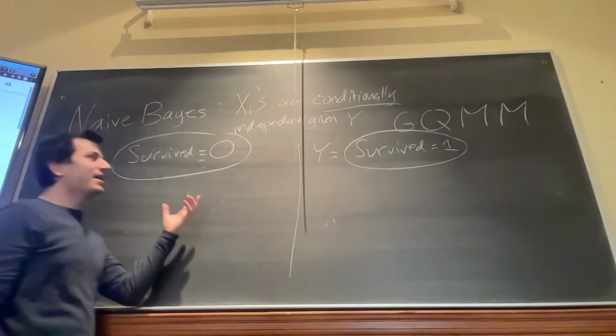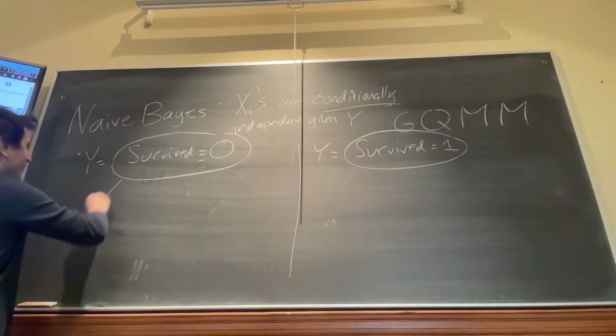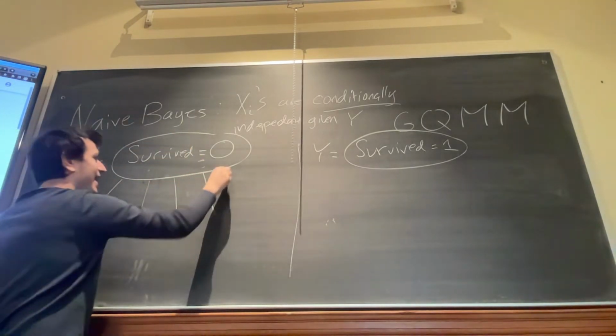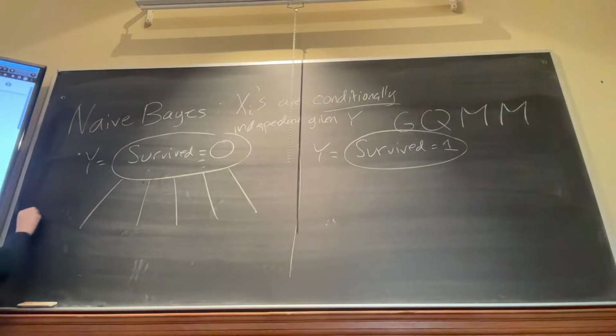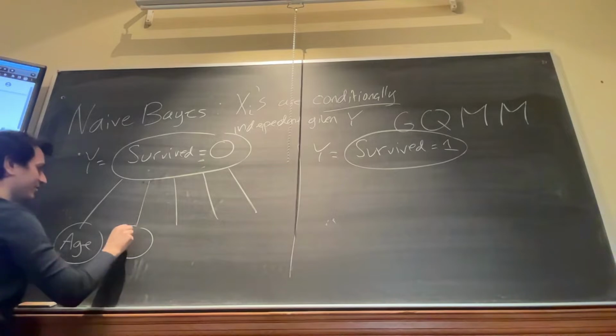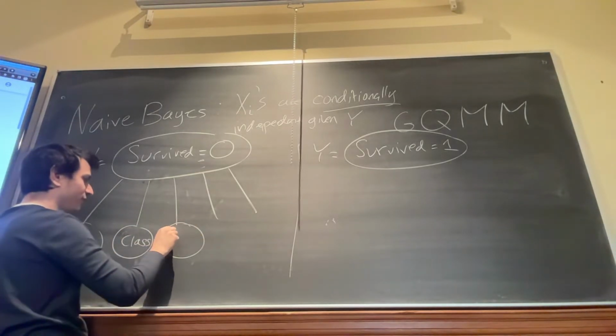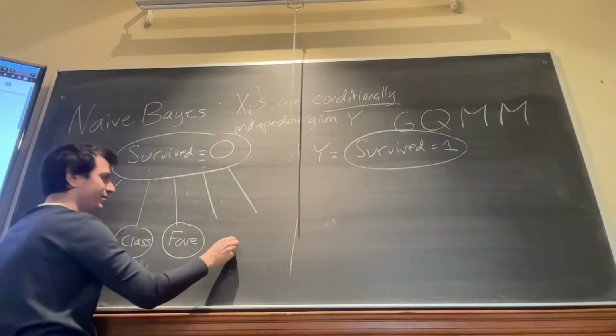And the point is, once you know if you survived or not, I'm going to assume all of the factors, all the data I have, all the x's, are independent. And there were different x's. There was your age, what class you were in, the number of siblings you had, or your fare, and so on.